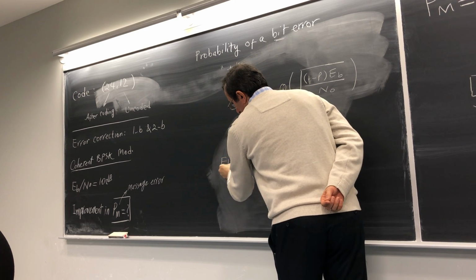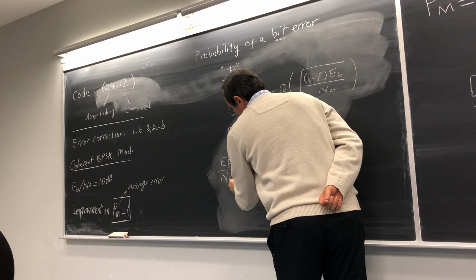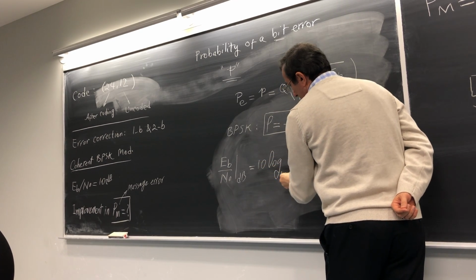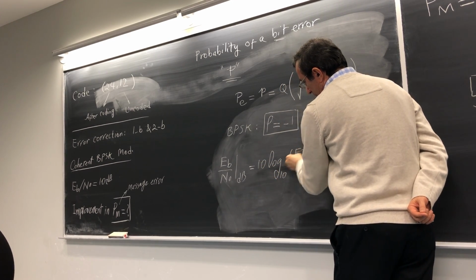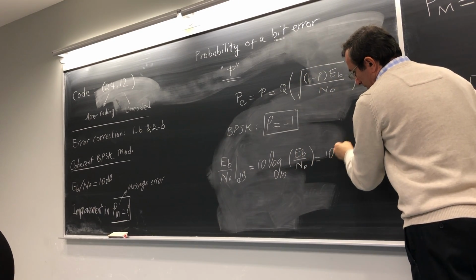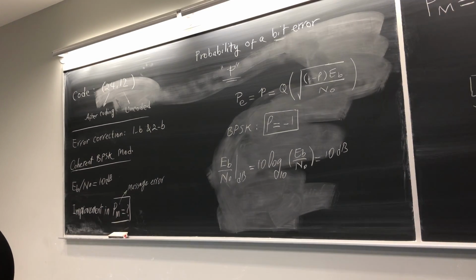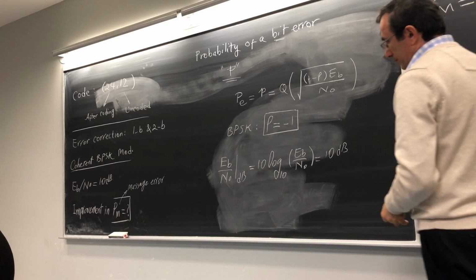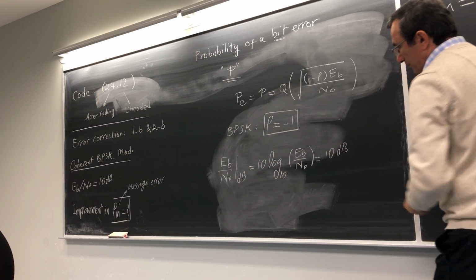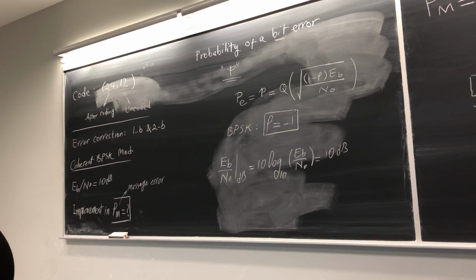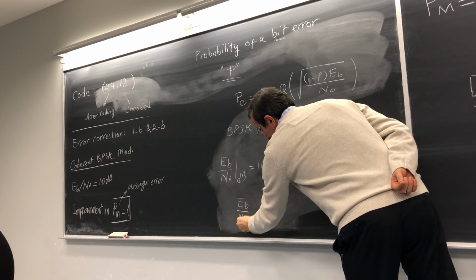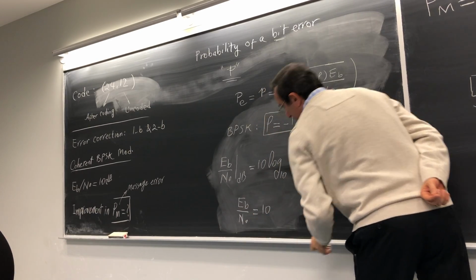So Eb over N naught in dB equals 10 log 10 of Eb over N naught equals 10 dB. So this term is going to be canceled out with this one. What remains on the right hand side would be 1. And this means that Eb over N naught would be equal to 10.